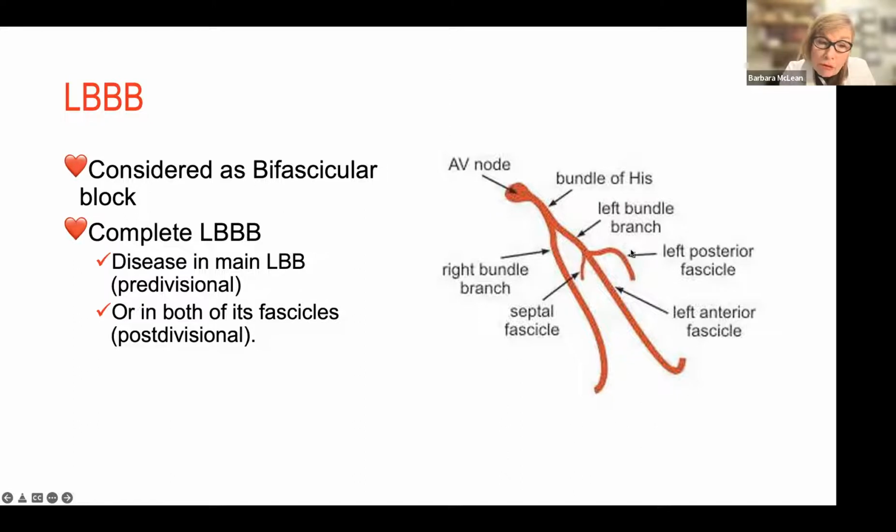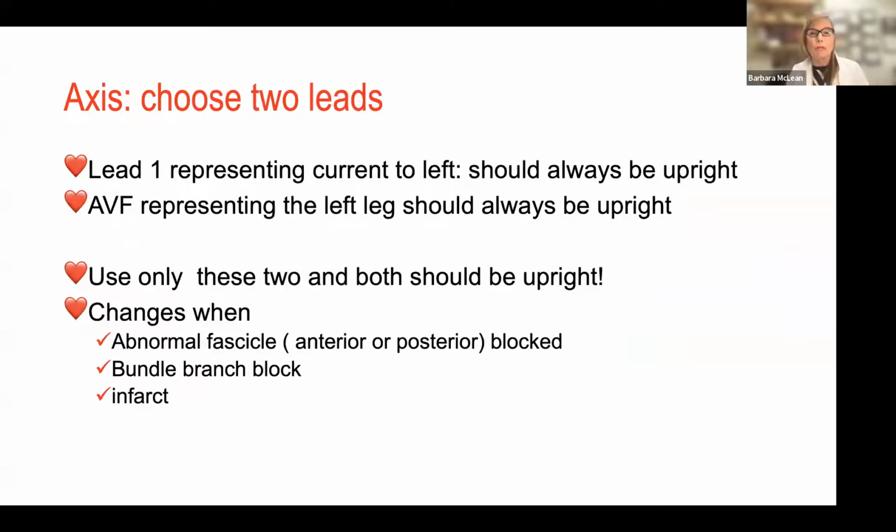Now, that posterior fascicle is really, really important because it's a really strong fibrous band of electrical activation tissue. And if you only could choose one to have, that's the one you want. So we're always worried when we see posterior fascicular block.